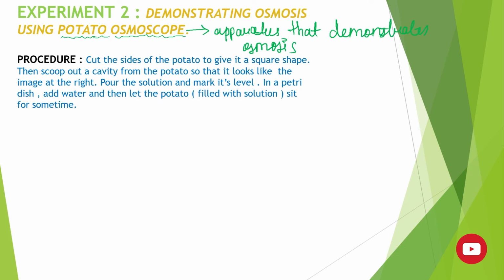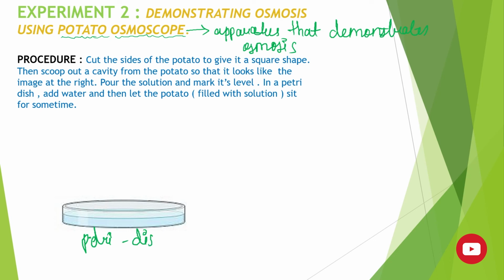Let us look into the procedure. Okay, let's not read the procedure at all. Let us quickly jump into the materials that we need. We have taken a petri dish.